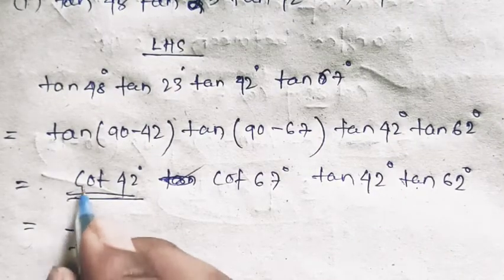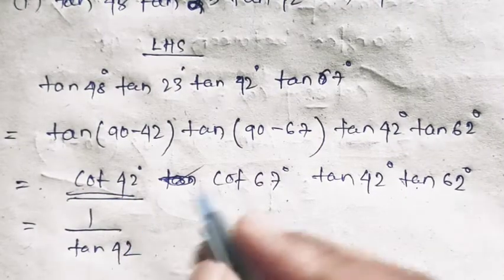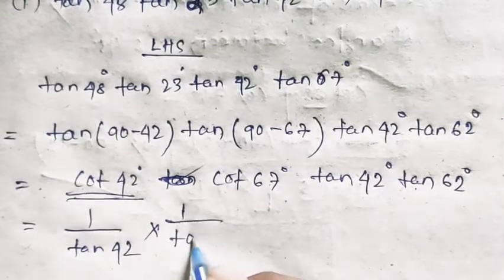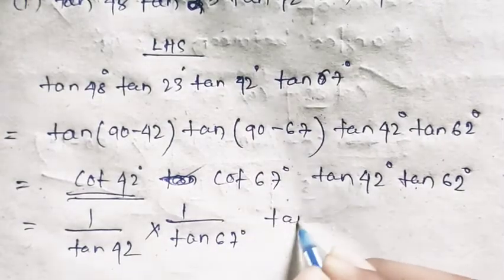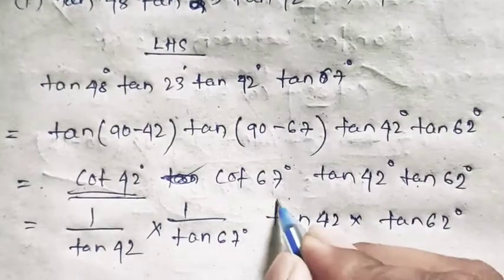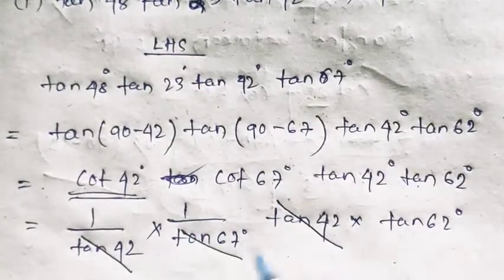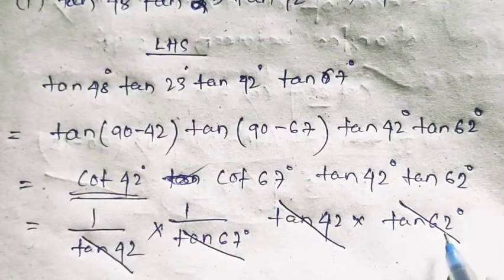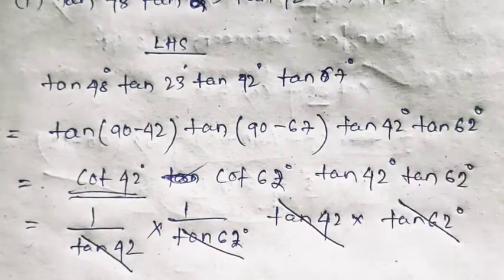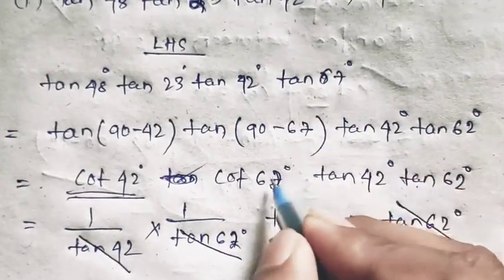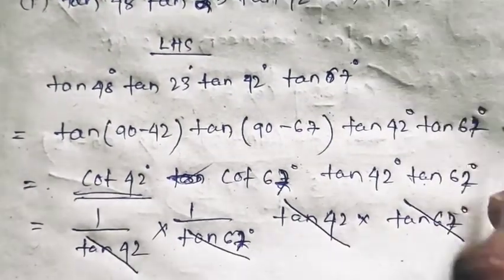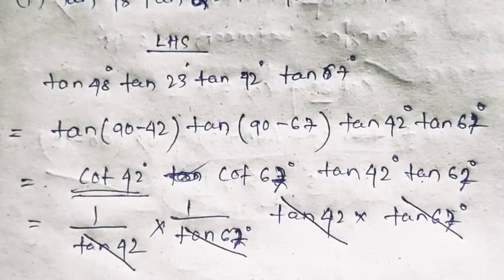So cot 42 is equal to 1 by tan 42, into cot 67 degree, that is 1 by tan 67 degree, into tan 42 into tan 67. So here tan 42 cancels, and tan 67 and tan 67 cancel. Sorry, 67, my mistake. So everything is cancelled.